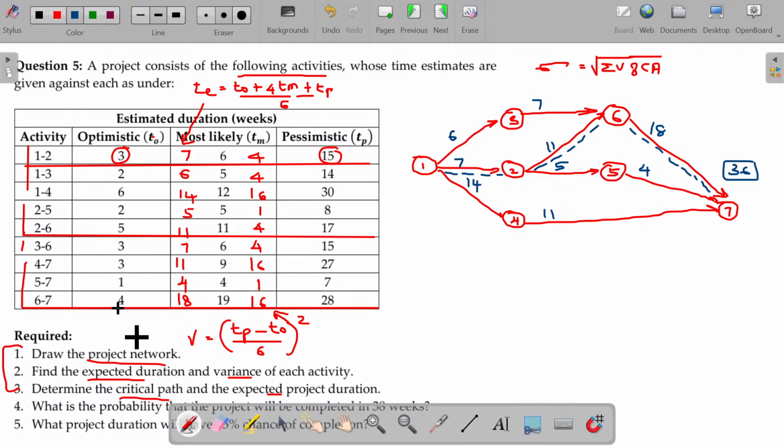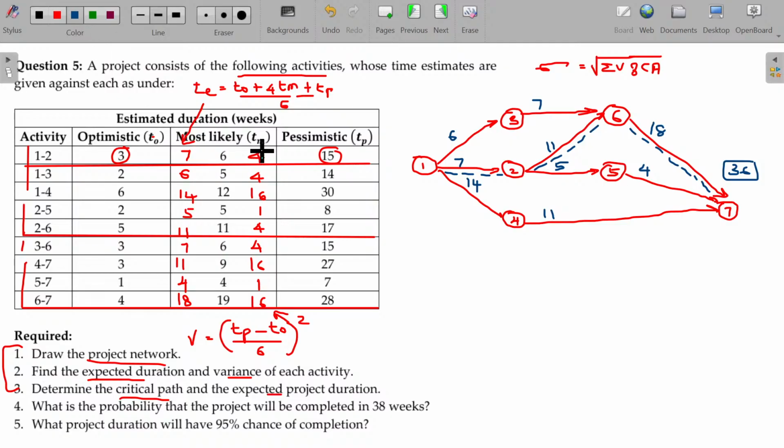You now need to take the variance of critical activities: 4, 4 and 16. So 4 plus 4 plus 16 is the summation. Take the root of this, this value being 4.90. Clear?